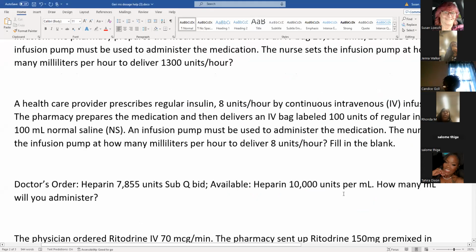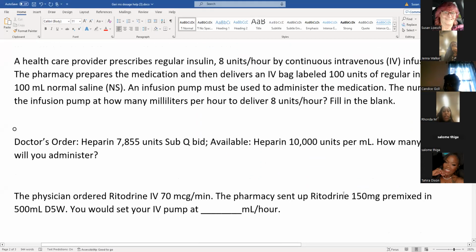All right, see if you can do the next one on your own. This is the one with the insulin on the top, 8 units.